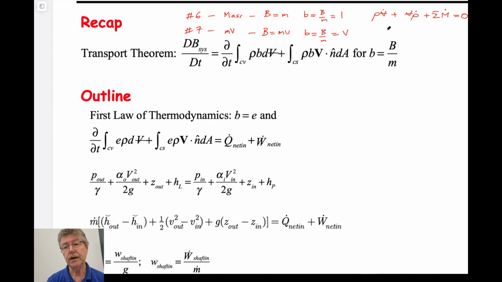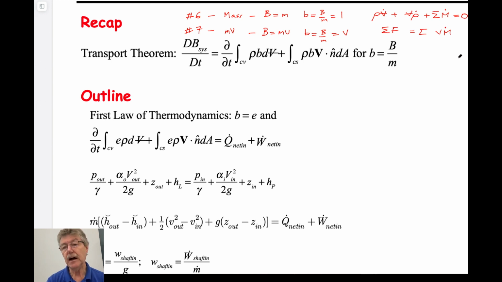And we ended up with an expression that was sum of forces was equal to, again, summations. Sum of, what was it, velocity multiplied by mass flow rate, I believe.